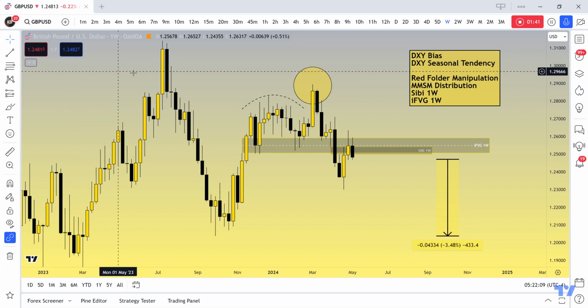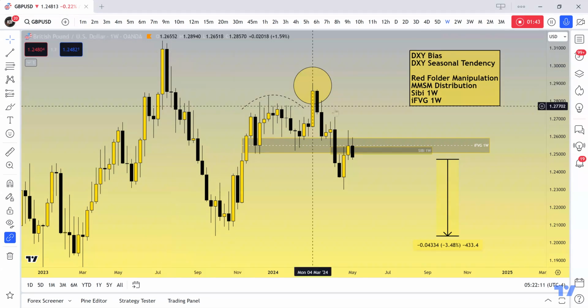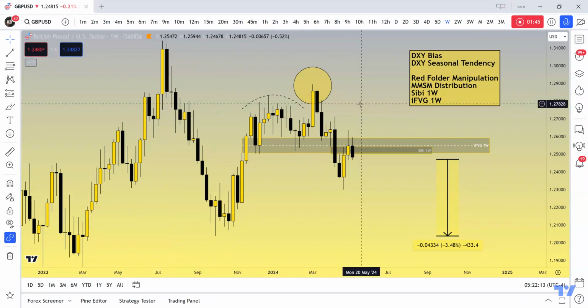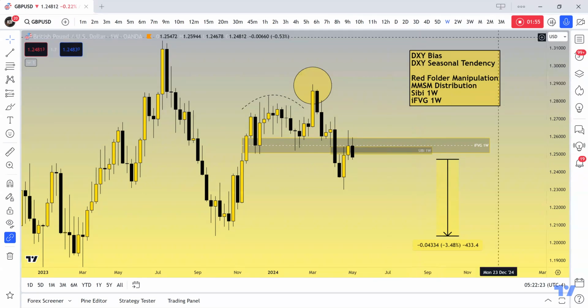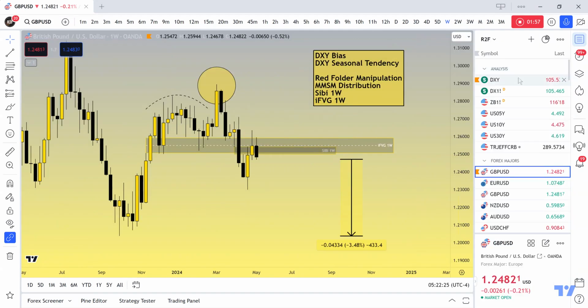Okay, so I'll highlight what I have going on here and the analysis that I've been having. I'll start with how I would do my analysis. I start on the higher time frame, and I will always start on the dollar index.